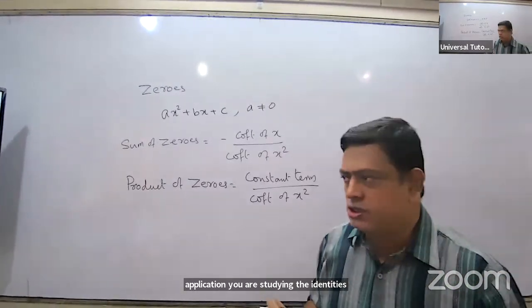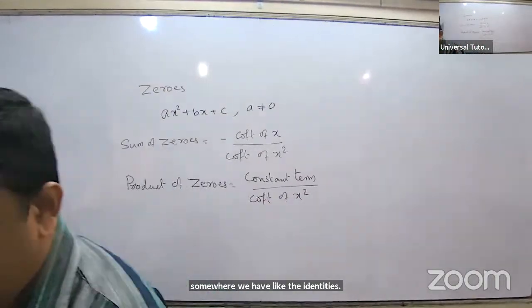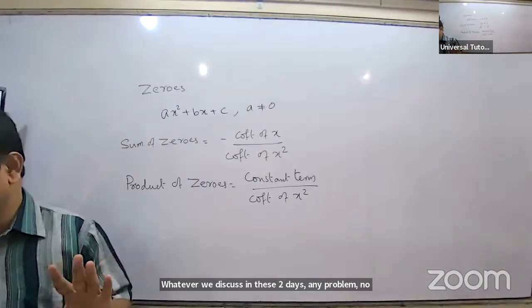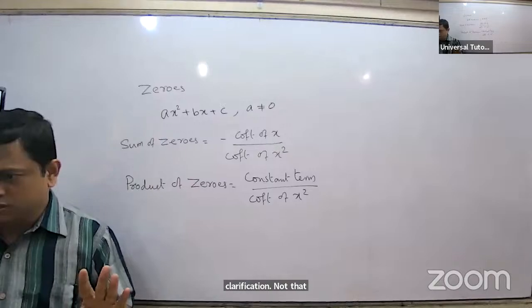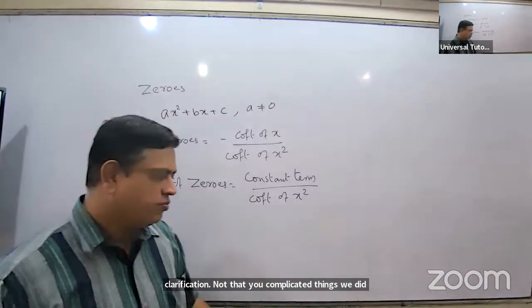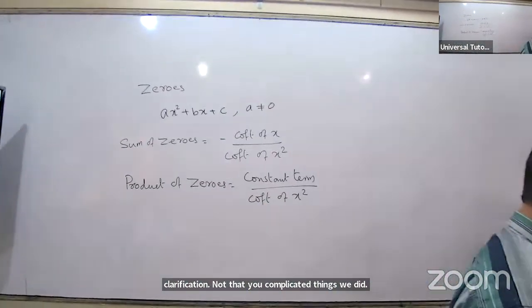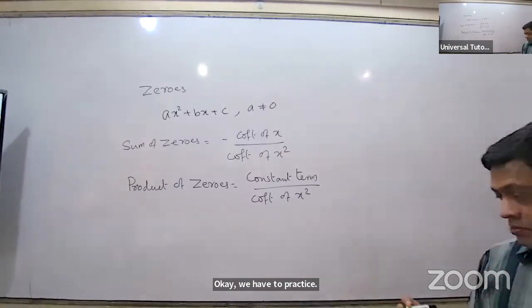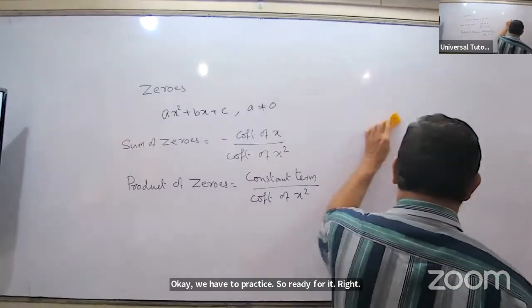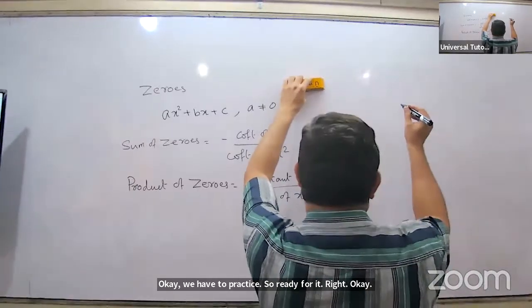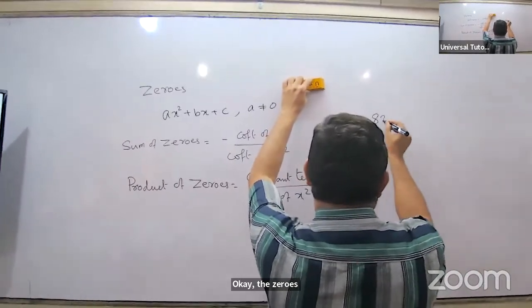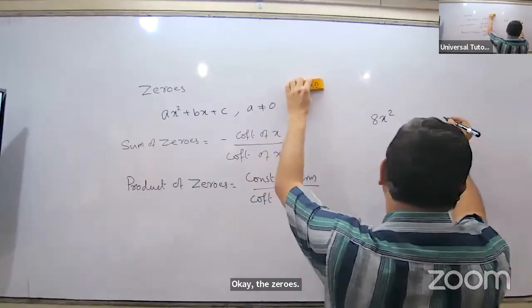Whatever we discussed in these two days, any problem? No clarification required? We did nothing too complicated. We have to practice. So write one question: obtain the zeros and verify the relationship.